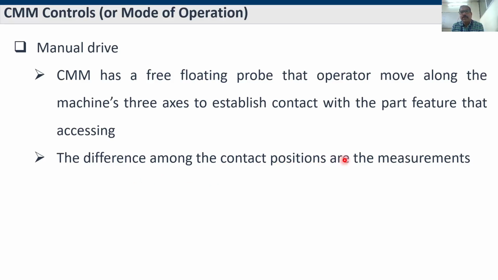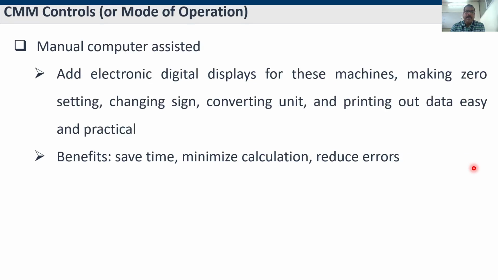Now the difference among the contact positions or the measurements. If you measure in one location and move to another location, one after another, you will get different types of coordinates. But that is too difficult. If you have multiple points or multiple features, then it is difficult to collect all the data and process it. But manual and computer assisted, in the sense, you will have an electronic digital display on this machine.